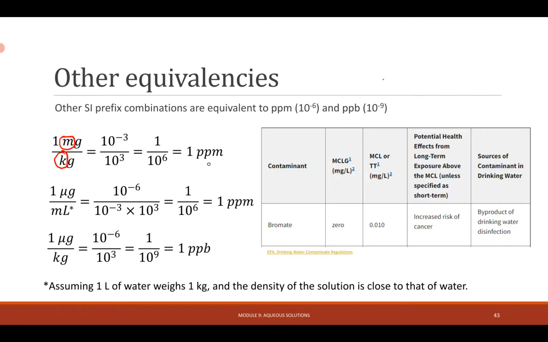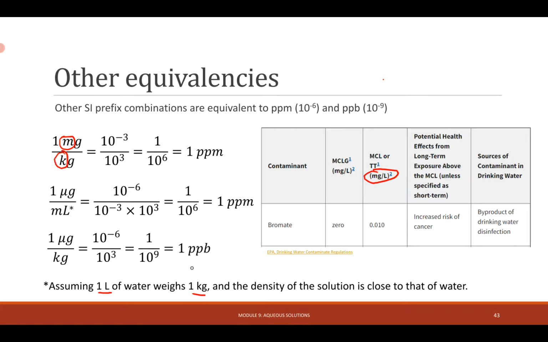That is equivalent to 1 ppm. Or a microgram per milliliter also works out to 1 ppm. In this EPA report, it talks about milligrams per liter, and that's the same as this 1 milligram per kilogram because they're assuming that 1 liter of water weighs 1 kilogram. That's based on the density of water.